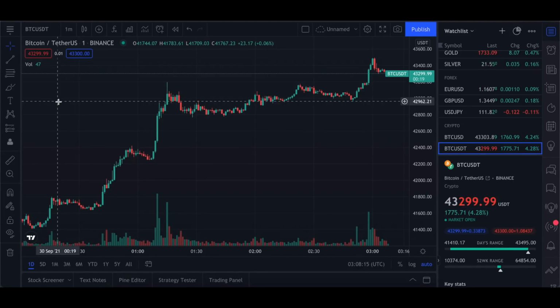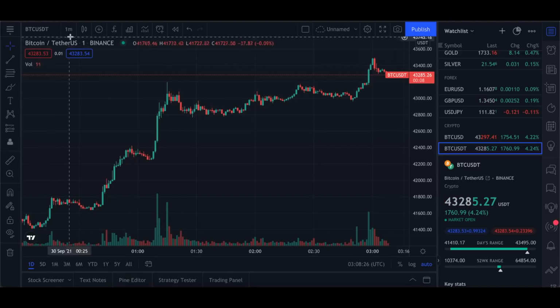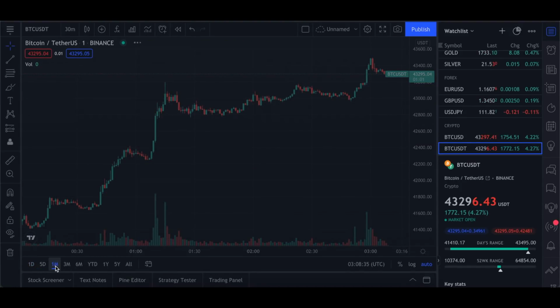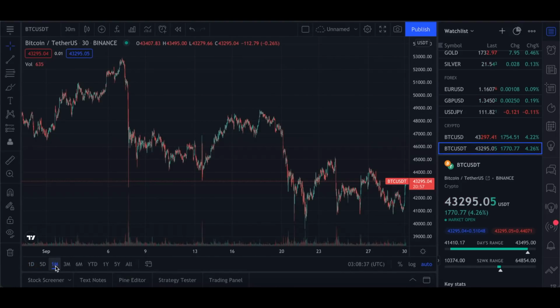I covered this information a couple videos ago in the basics, just how to read a chart. But for those of you who want to adjust the time frames on your chart and you forgot how, this is a quick recap. Right off the bat, down in the lower left-hand corner, if you click on, for example, the 1 month, the window that you're currently seeing is within 1 month.